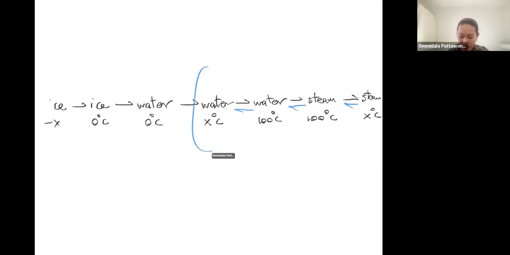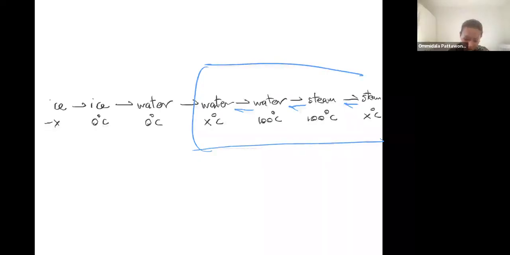The process is still going to be the same, except in this case, your answer is going to end up with a negative value, because remember, the forward is endothermic, so the reverse would be exothermic, so it's going to be a negative value.